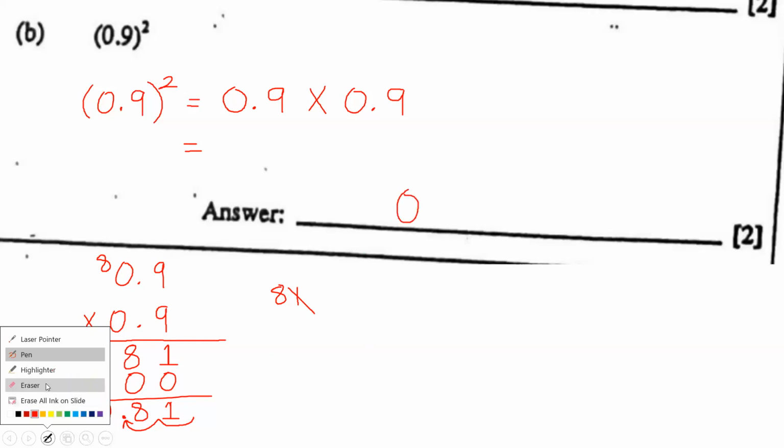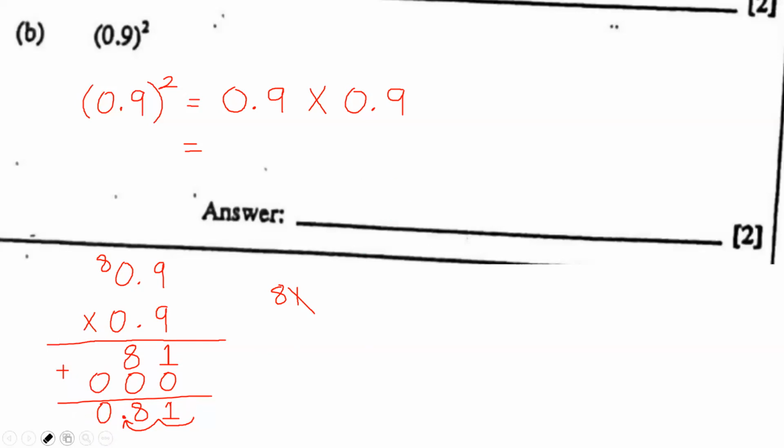Again, if we multiply 0.9 by 0.9, you get 0.81.